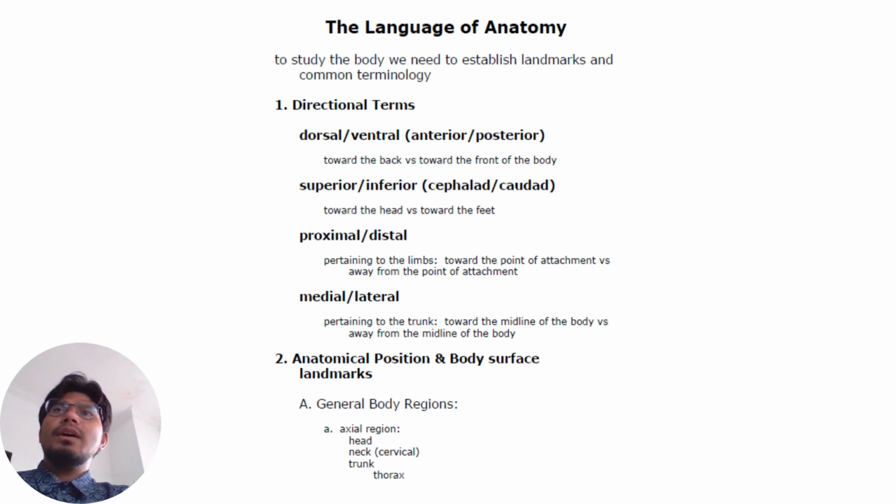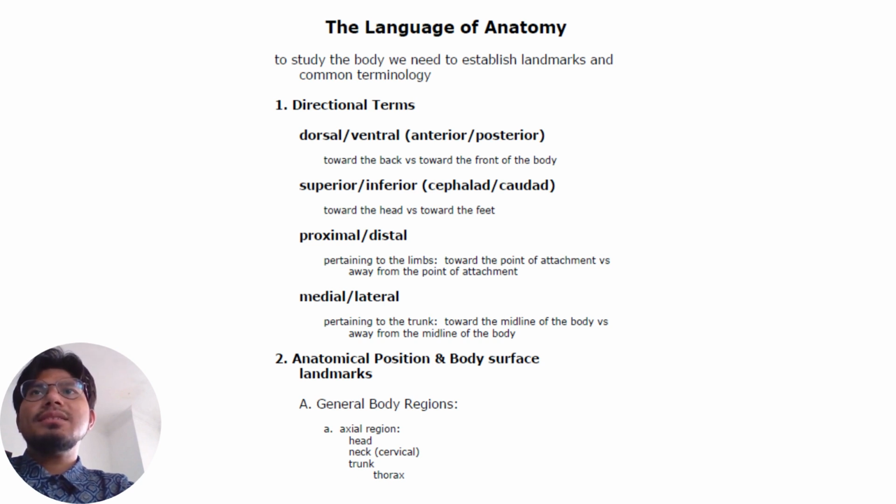Okay, for the first one, directional terms, there are four terms that you need to understand. The first one is dorsal and ventral. Dorsal means towards the back, ventral means towards the front of the body. Superior and inferior. Superior means towards the head, inferior means towards the feet.